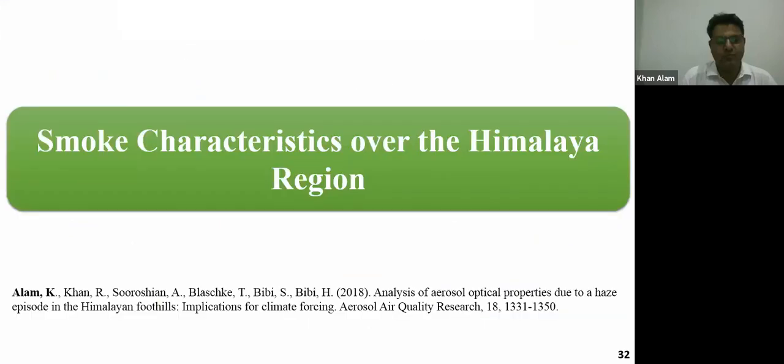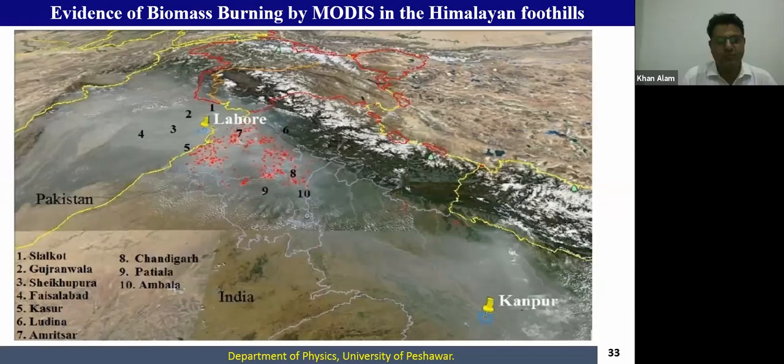Another case study is regarding the smoke characteristics over the Himalaya regions. In this figure, we see a thick smoke which is spread over this whole region, where the dots indicate the hotspot regions from where the smoke is created.